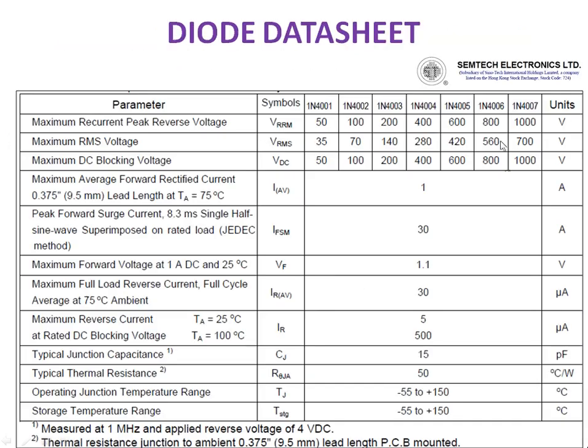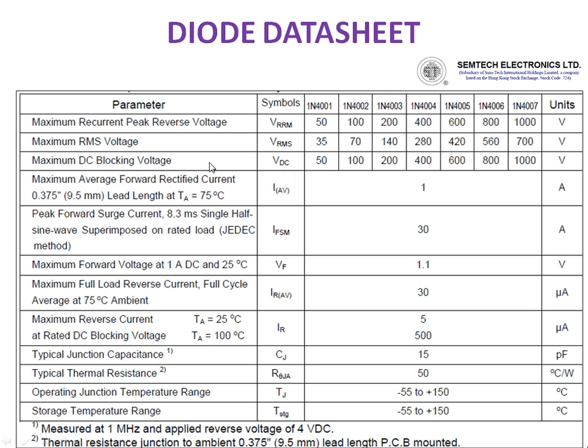If you see the diode data sheet, they have mentioned the operating voltage. For the 1N4001 the maximum recurrent peak reverse voltage is 50, and the RMS voltage is 35, 70, 140. In our laboratory we are using the 1N4007, where the operating voltage is 700.